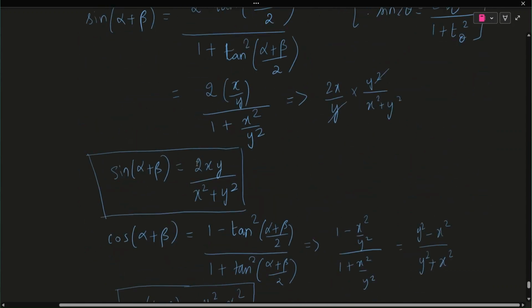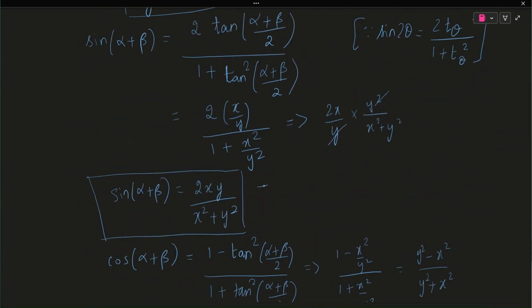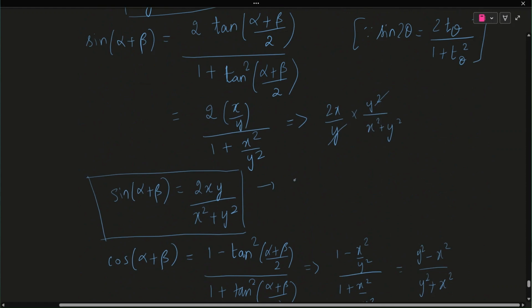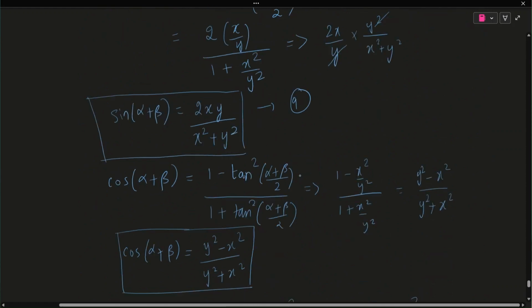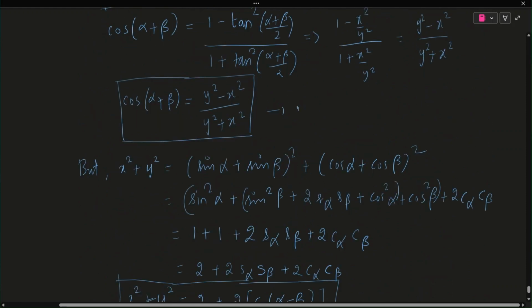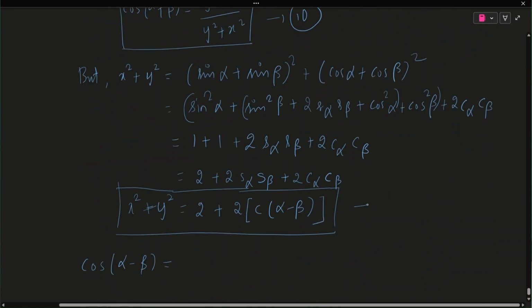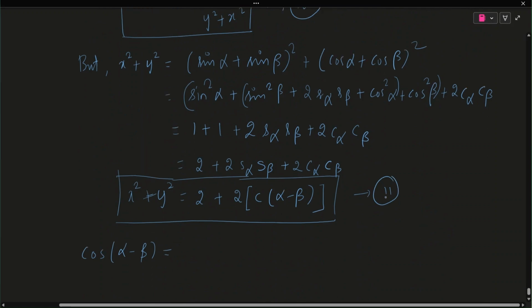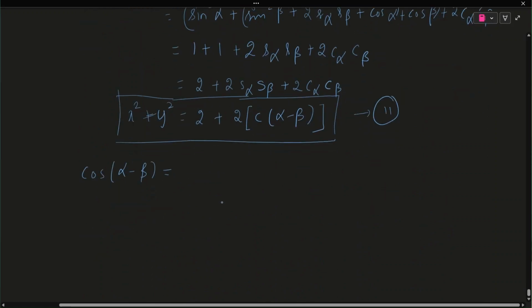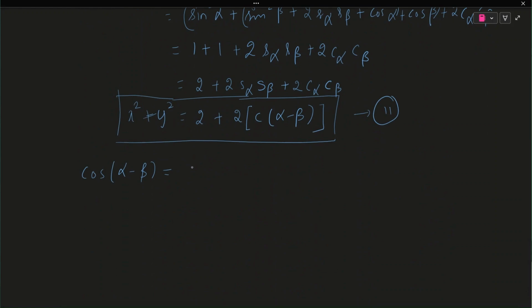Okay, this is 1. Let's keep it, this as 9. Let's name this as 10. And now let's solve this and get 11. From this, cos of alpha minus beta is equal to, we can deduce, x square plus y square minus 2 divided by 2.